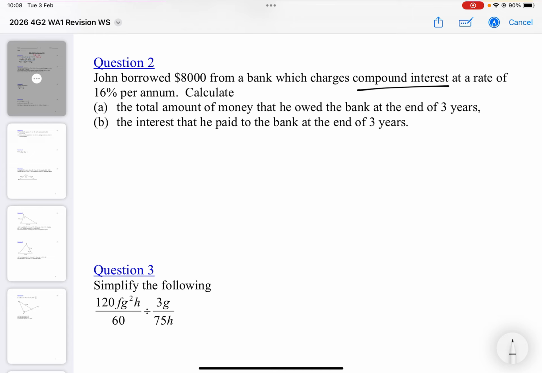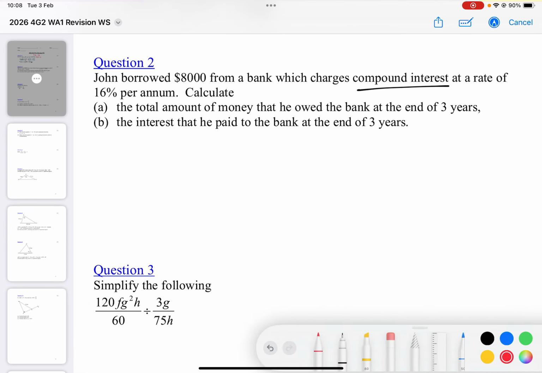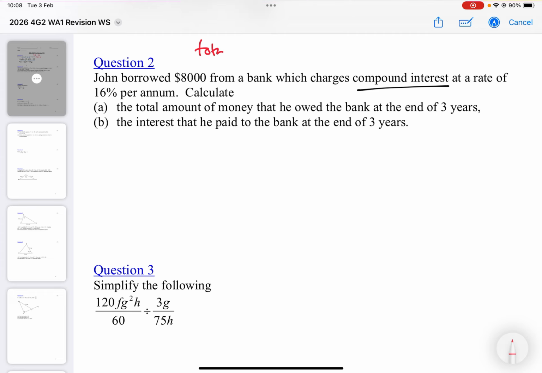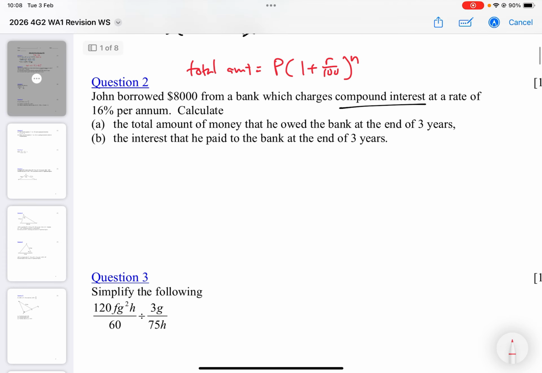The compound interest formula will look like this: total amount equals P multiplied by 1 plus R over 100, to the power of n. Your P is your principal, your R is your rate, your n is the number of times the interest is compounded. Different questions may be compounded at different rates.